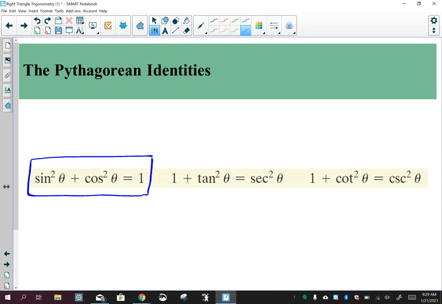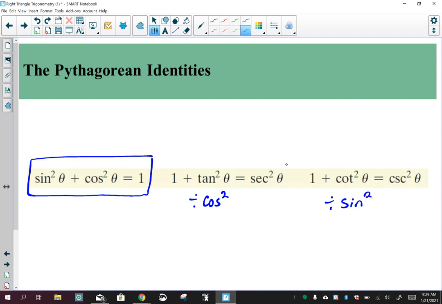If I take my original Pythagorean identity and divide everything by cosine squared, I wind up with this one. To get this one over here, I take the original identity and divide everything by sine squared.